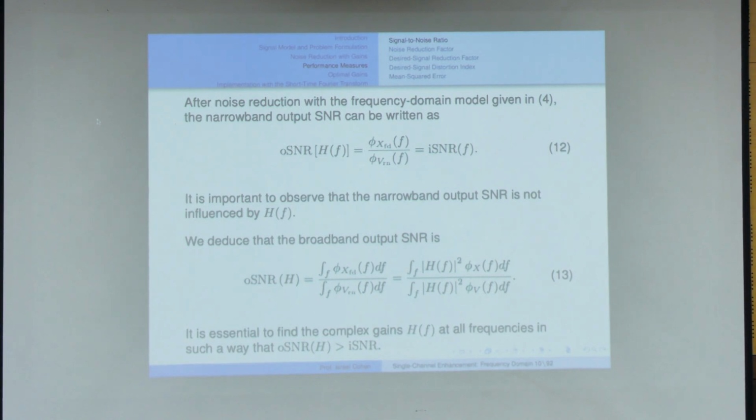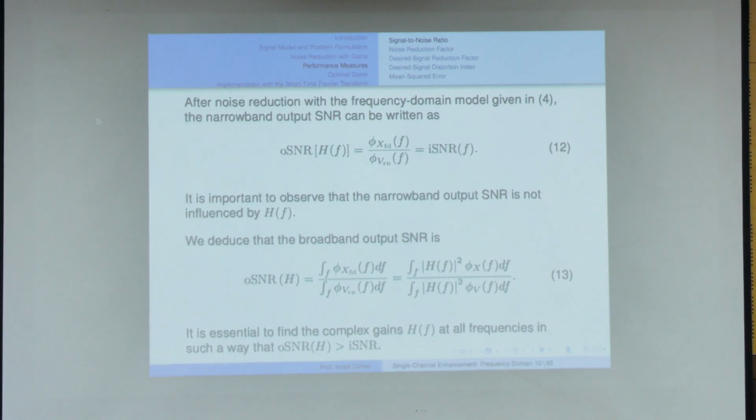So here in the denominator, we will have the integral over the magnitude, so it's the norm of H. We just take the summation of the magnitude squared of H over all the frequencies. So suppose that we want to normalize H. This will be constant. Okay, so suppose that we would like to find H for each frequency, and we normalize it, which means that the denominator is always constant.